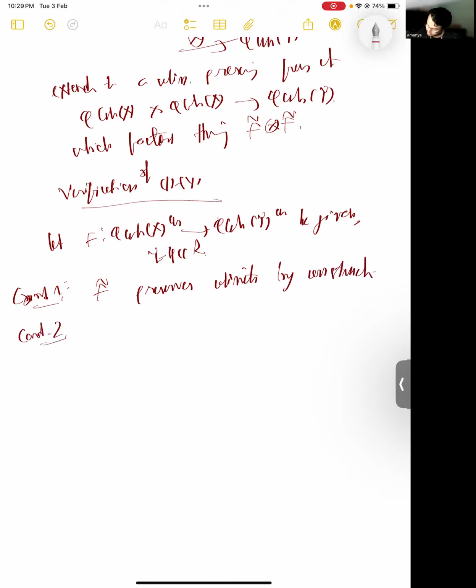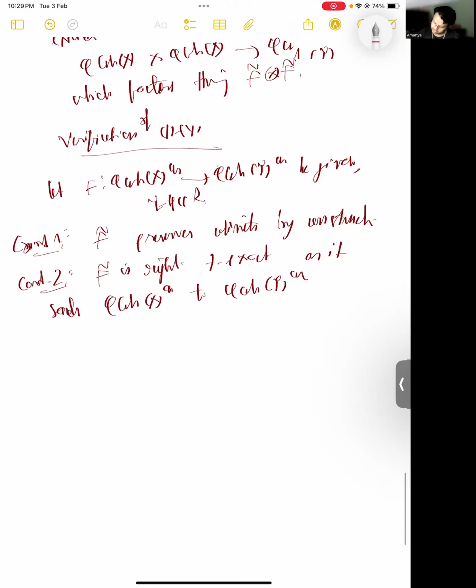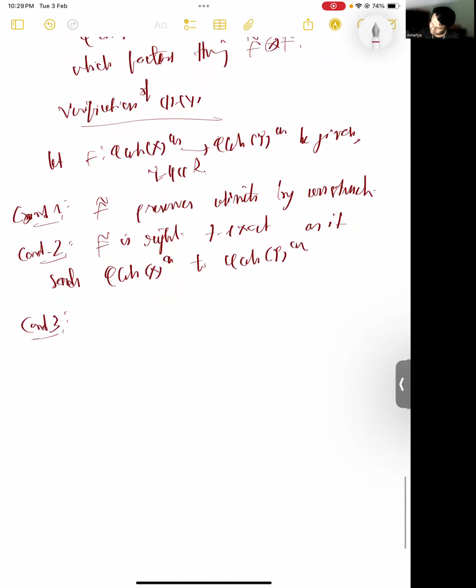Condition 2 is that F tilde is right t-exact, which is also evident. For condition 3, here that's a bit of work.